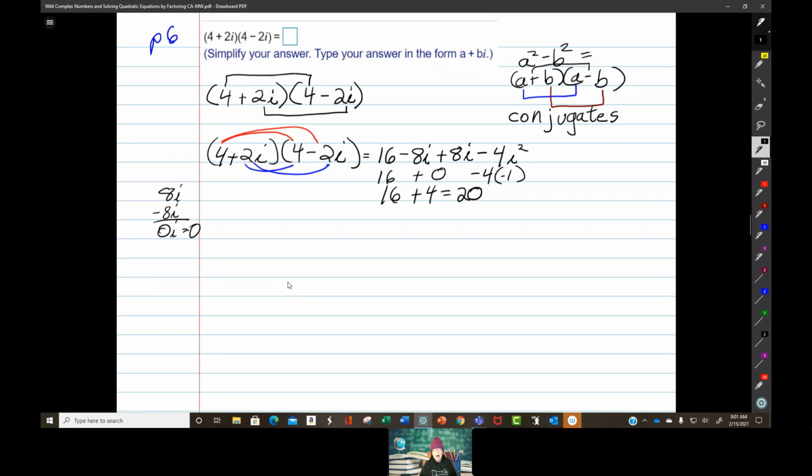There are no i's here. You get your i's from the two middle terms. And when one is positive and one is negative, they zero out. They add up to 0. So they're gone. Both of your i terms are gone.